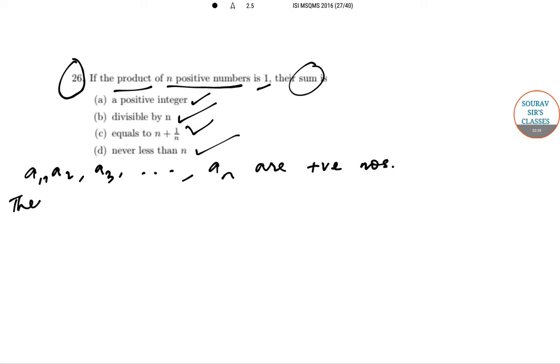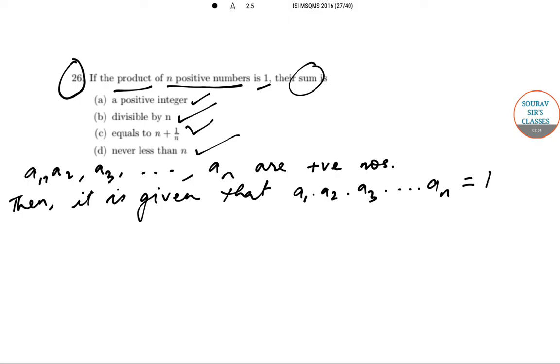then it is given that the product a1, a2, a3 up till an is equal to 1.